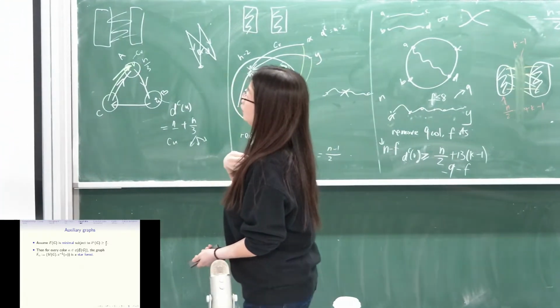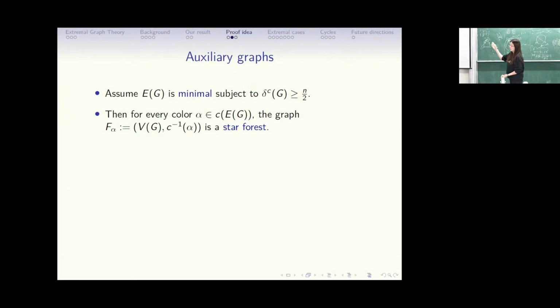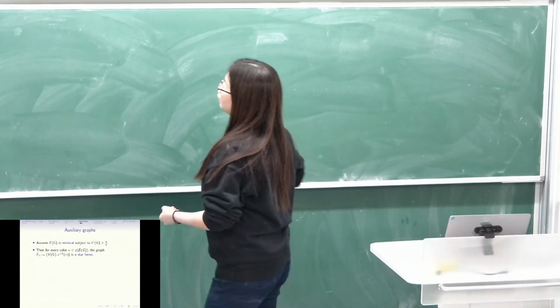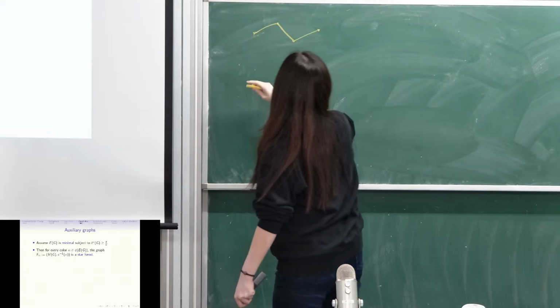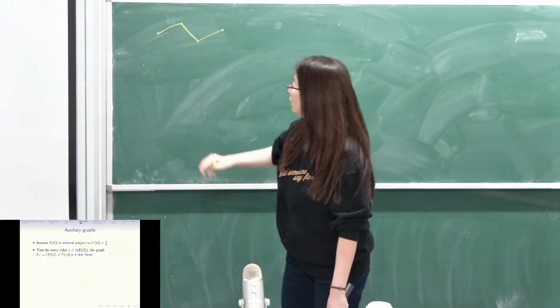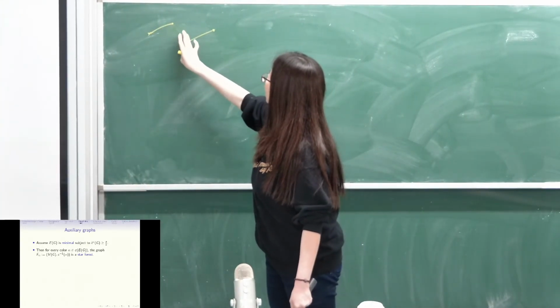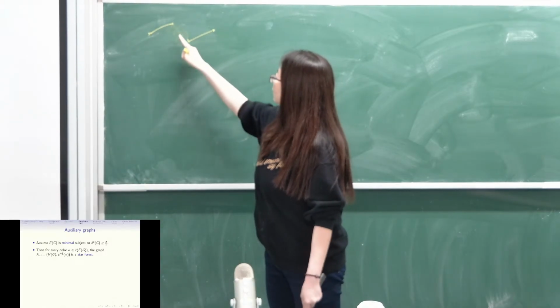Now if we look at one color, say alpha, and we assume the original graph is minimal subject to this color degree, by minimal I mean, if there is a monochromatic path of length 3, then by removing the middle edge, none of the color degree is harmed.